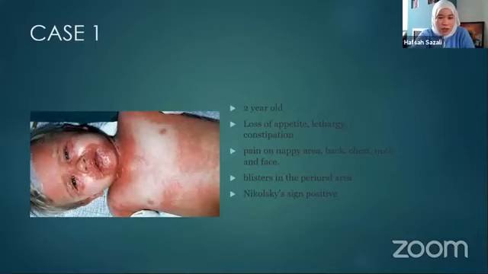He's also experiencing pain on the nappy area, the trunk, neck, and face. And there are blisters noted in the perioral area, and Nikolsky sign was positive. I would like to know if people are aware of the Nikolsky sign and what it is. So please type in the chat room what your answers are.